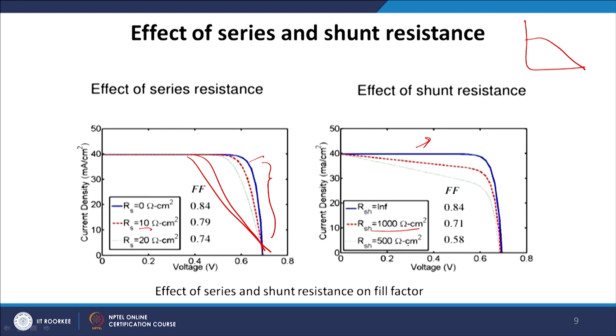Then if it is 500 ohm per centimeter square, it falls off more rapidly. As you go to lower and lower values of the shunt resistance, the part of the IV curve near the x axis falls off very quickly. So, in the same curve here, if the shunt resistance is very, very low, this graph will be like this. If somebody recorded a solar cell IV curve and it is like that, what do you mean from that? That the series resistance value is very, very high and the shunt resistance value is very, very low.